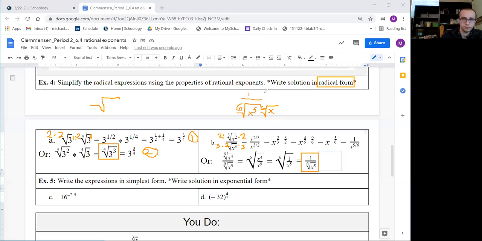If I do it to one side, I have to do it to the other. And so my true correct answer for this one wouldn't be this, but it would be 6th root of x over the 6th root of x to the 6th, which is then equal to the 6th root of x over x. And that would be my final answer right there.